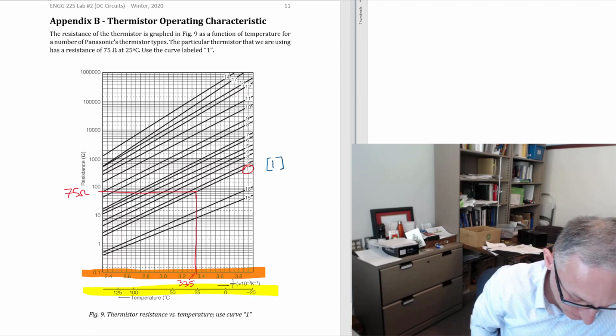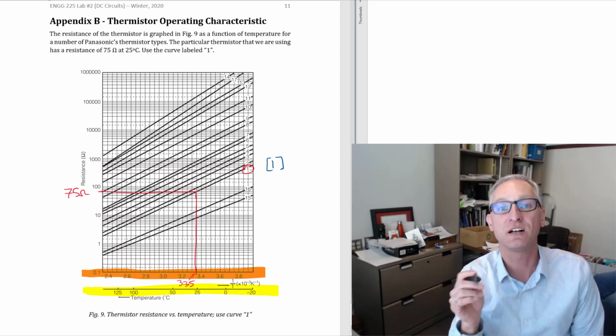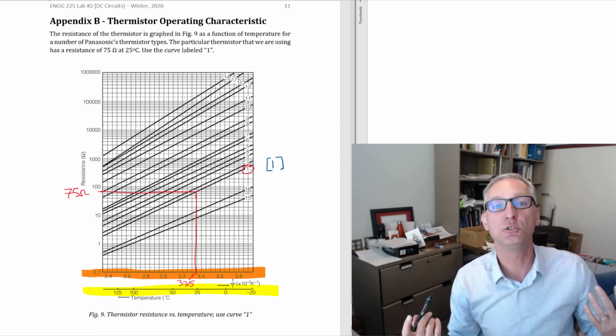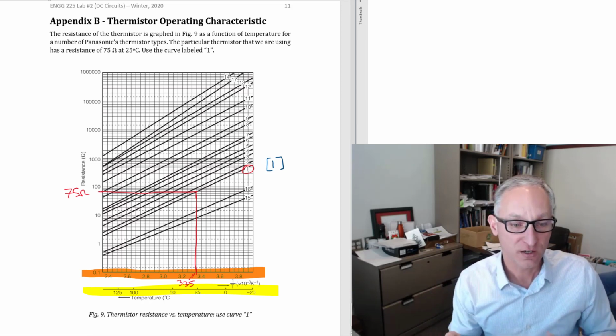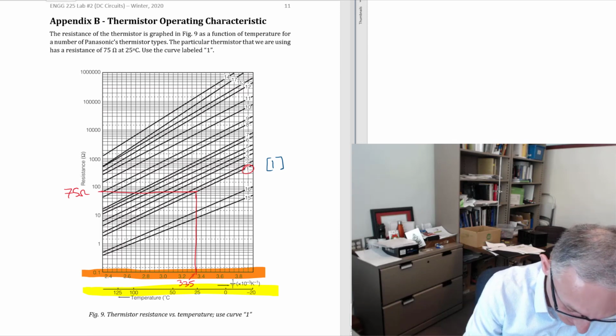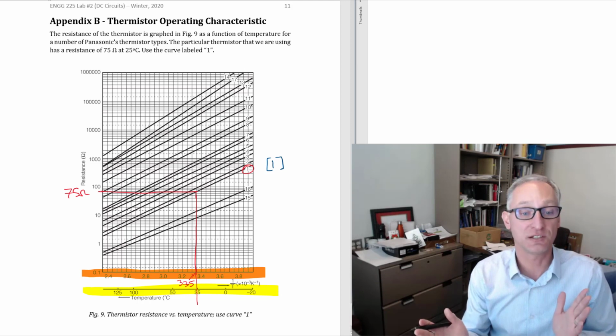And that's in temperature in Celsius. But we see that the yellow scale is a non-linear scale. This is for humans to read, to get a rough idea. If we were to drop down that red line all the way down, we'd get 25 degrees, and that's what we're going to expect.